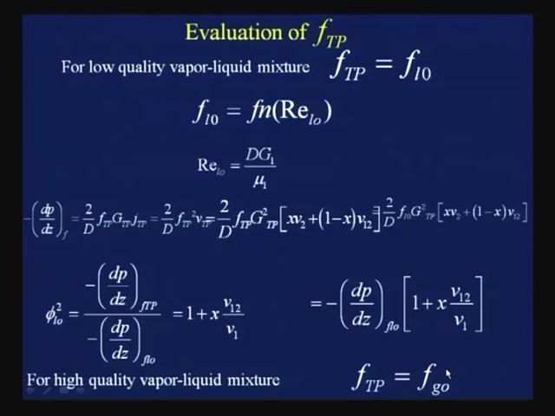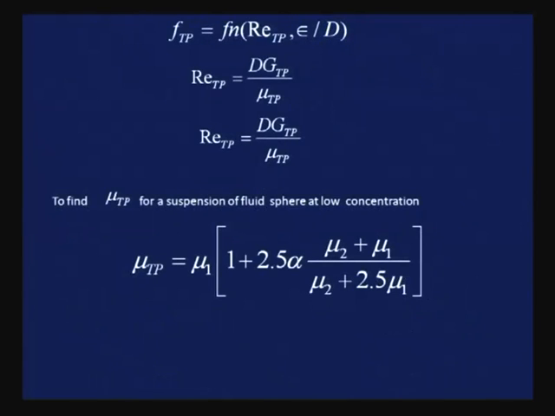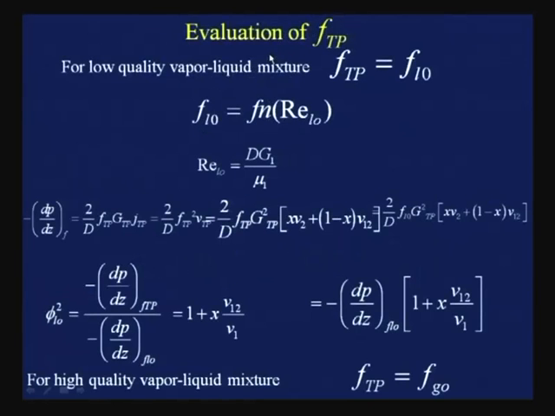In that situation, usually we write FTP as a function of the two phase Reynolds number, which can be expressed as DG by mu TP. This is a much more realistic expression as compared to the other two.